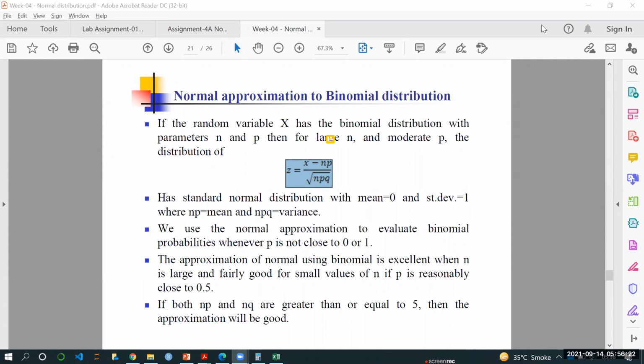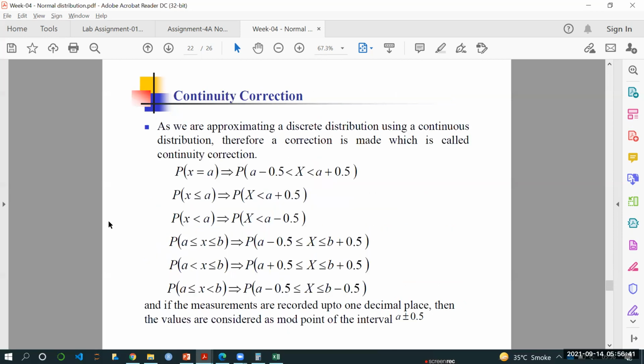But the normal distribution is a continuous distribution, meaning any continuous number such as 0.01, 0.02. So when we convert from a discrete problem to a continuous problem, we have to make some changes. This is called continuity correction. That means we are approximating our discrete distribution using a continuous distribution. Any question?